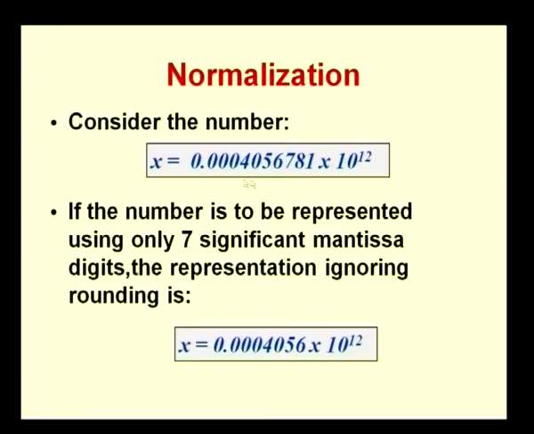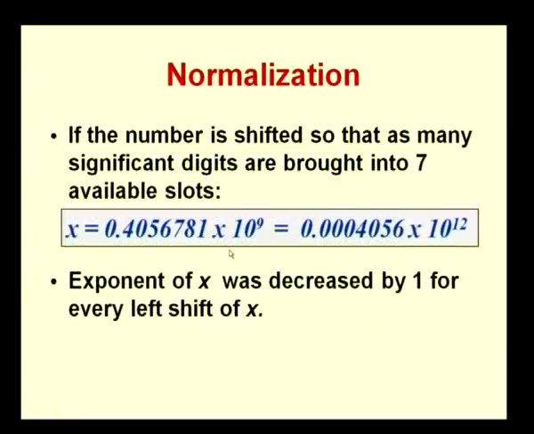Remember the 0.04 into 10 to the power of 12: if I write it as 0.4, I can write it as 0.4 into 10 to the power of 11. It would be the same thing. So, now we have 3 positions here, so 0.0004 into 10 to the power of 12 now will become 0.4 into 10 to the power of 9. That is what we are doing here.